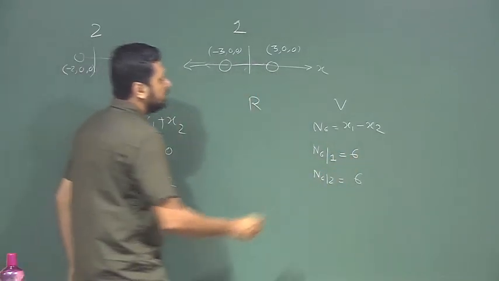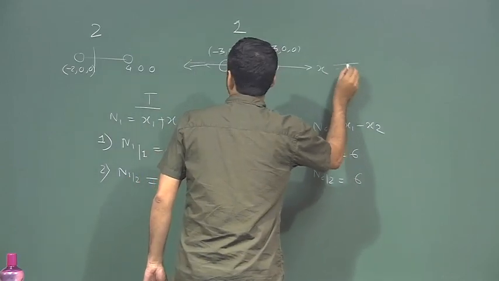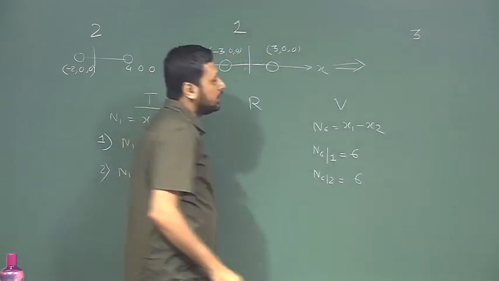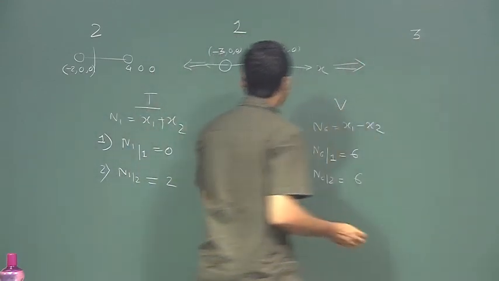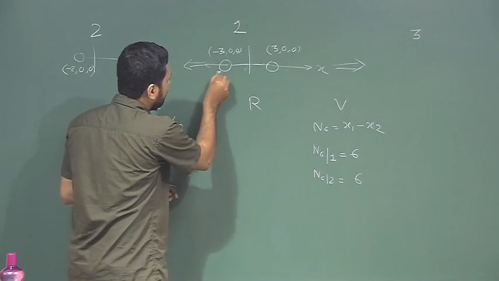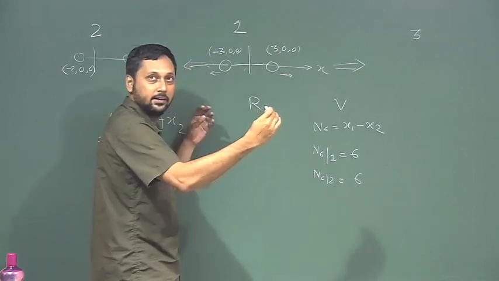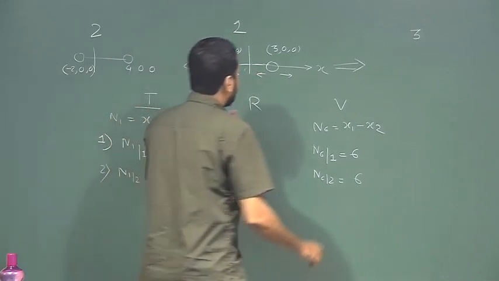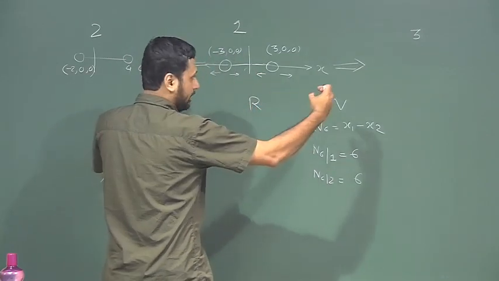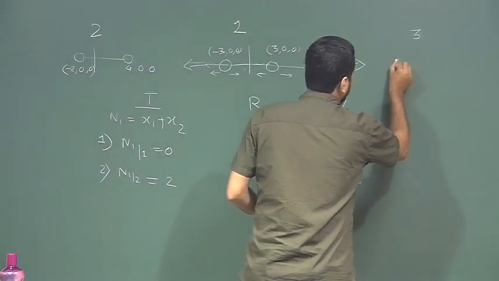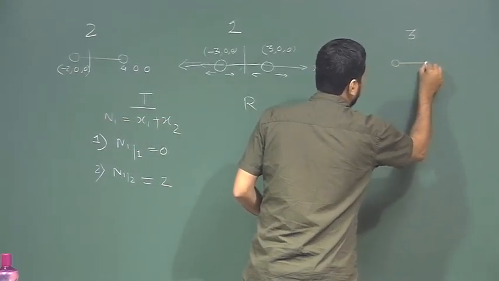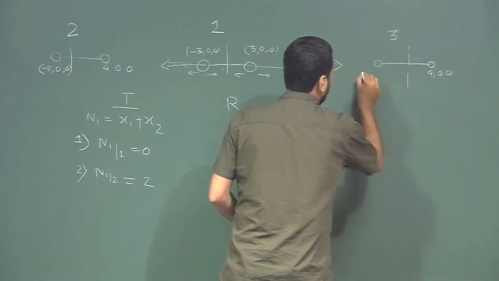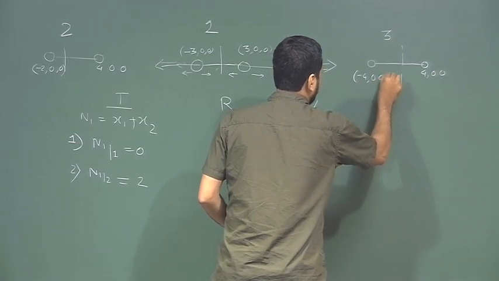Now, let us assume a situation where the molecules are vibrating. Let us call it position 3. In vibration, either both the atoms go out simultaneously or they come in simultaneously. Let us say at this point of time they are expanding. So, an instantaneous position is such that this is 4 0 0 and this is minus 4 0 0.